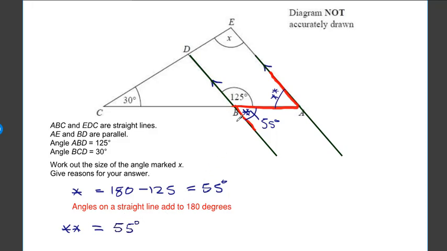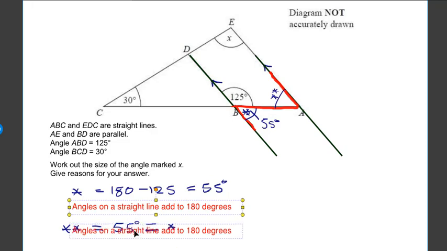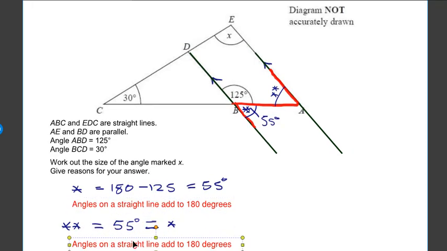And I'm just going to put equal to star, equal to that angle. Why? I'm just saying where I got it from. But whatever. What is it? Alternate angles are equal.